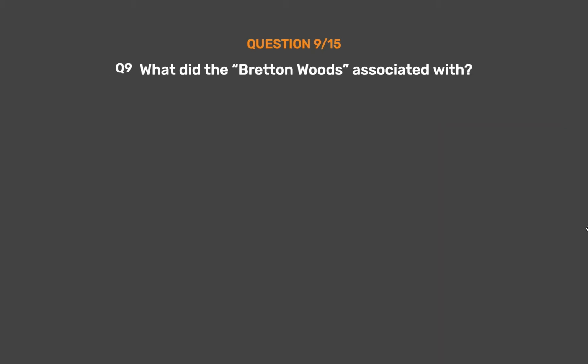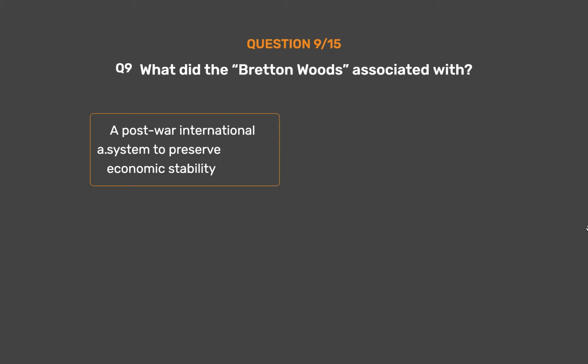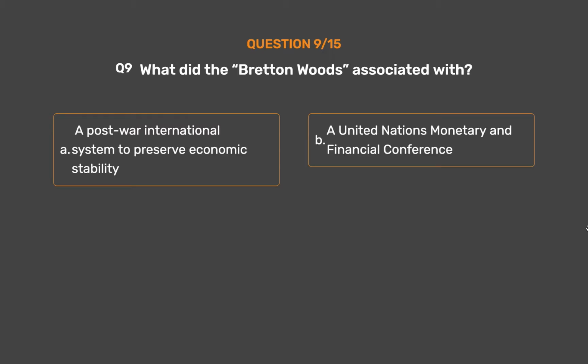Question number 9. What is Bretton Woods associated with? Option A. A post-war international system to preserve economic stability. Option B. A United Nations monetary and financial conference. Option C. A peace settlement.